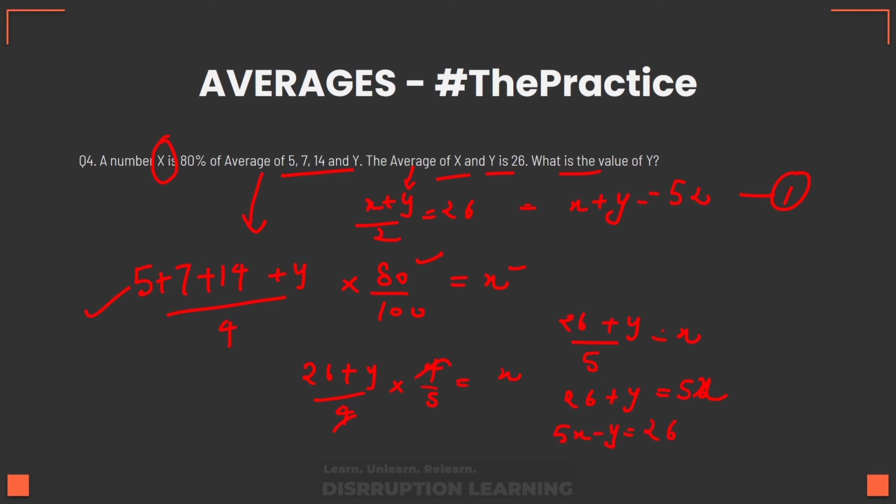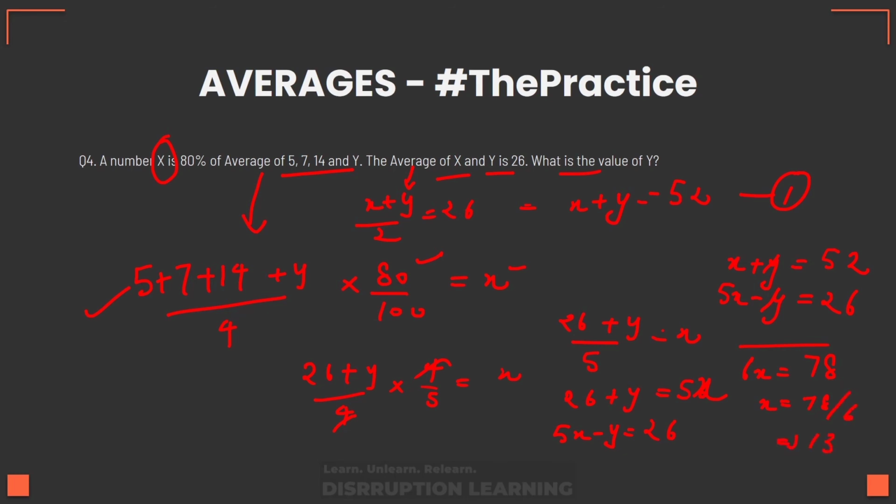Now we have two equations. I think things become very simple from here. X plus Y is 52. 5X minus Y is 26, right? So we solve them. 6X is equal to 78 and X is equal to 78 by 6, which is 13.